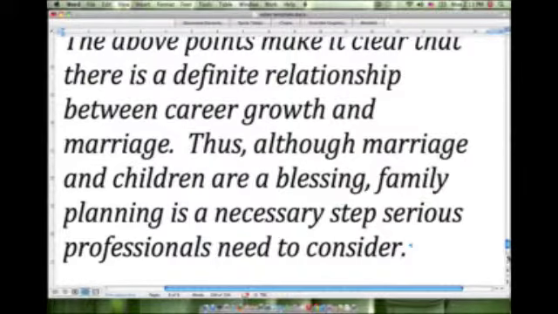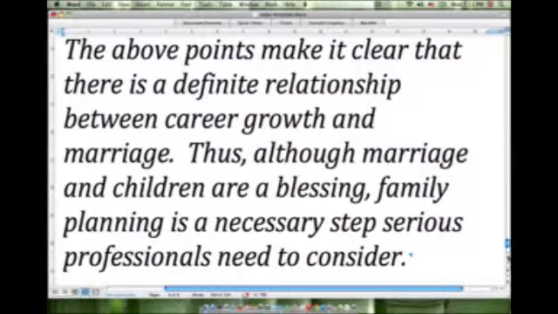Okay. The above points make it clear that there is a definite relationship between career growth and marriage. Thus, although marriage and children are a blessing, family planning is a necessary step serious professionals need to consider.